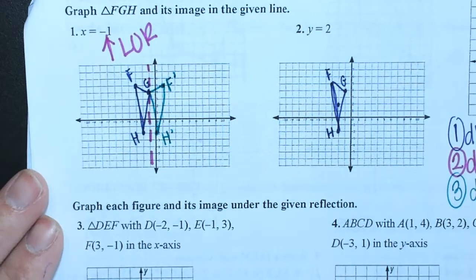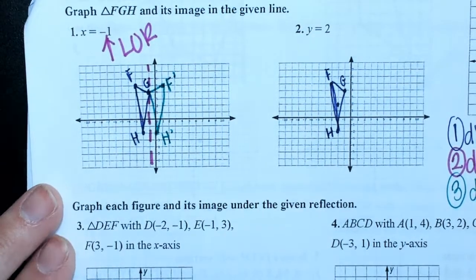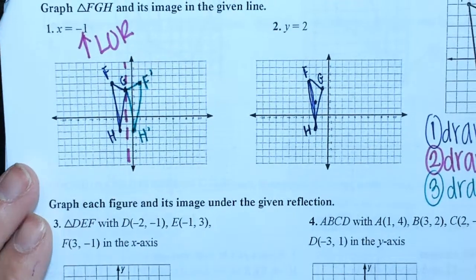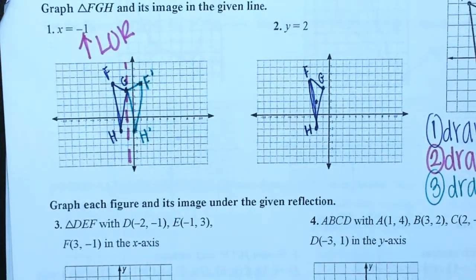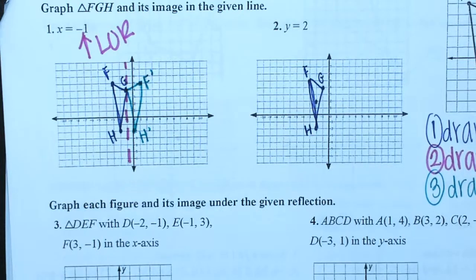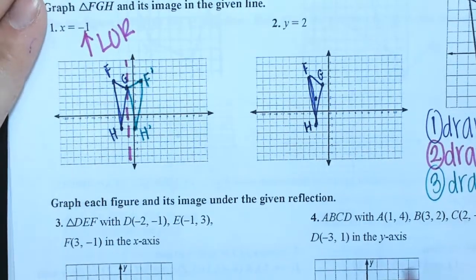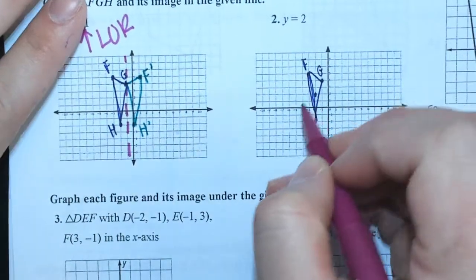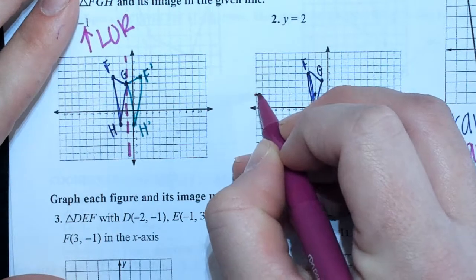Try number 2 on your own. The next step for number 2 would be to draw your line of reflection. I'm going to be doing it at the same time. However, I want you to try it. So you try it. If you get stuck, you can look up here. But try it on your own.